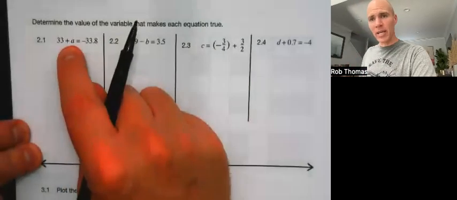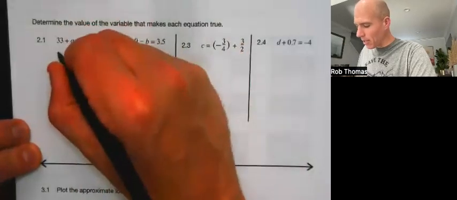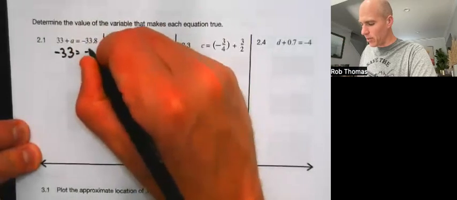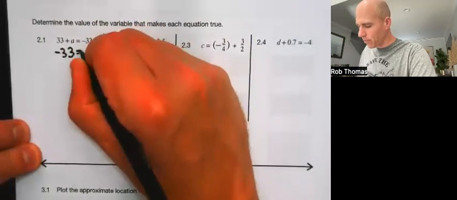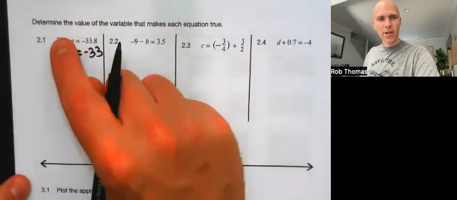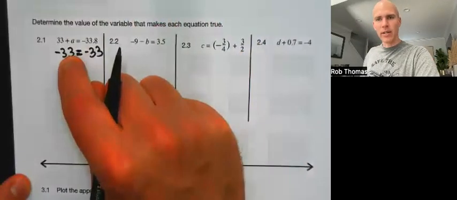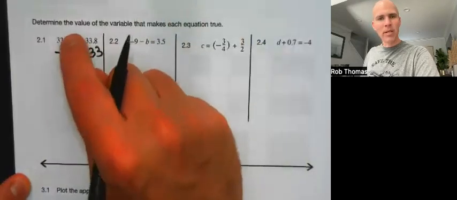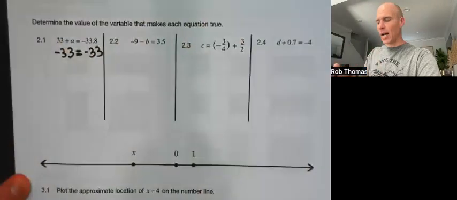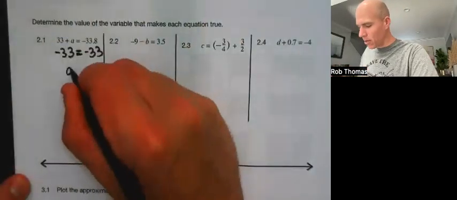So if 33 is being added to our A, I'm going to subtract 33 from both sides of the equation. And what that's going to do is 33 minus 33 gets me a 0, right? So now I have A plus 0 on this side of the equal sign, or in other words, A is now by itself, which we call isolated. So A is all by itself.